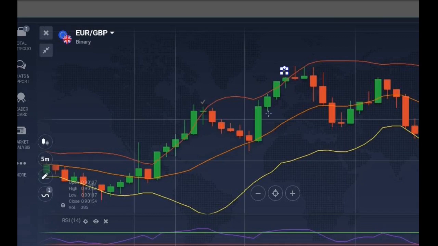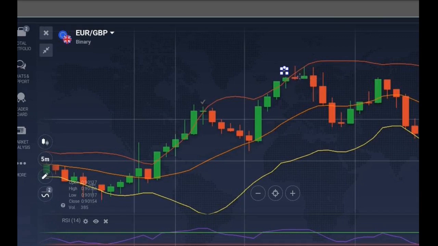Now you can see that a divergence is clearly formed. Now you want a confirmation candle. You can see the confirmation candle was the hammer, the red hammer.